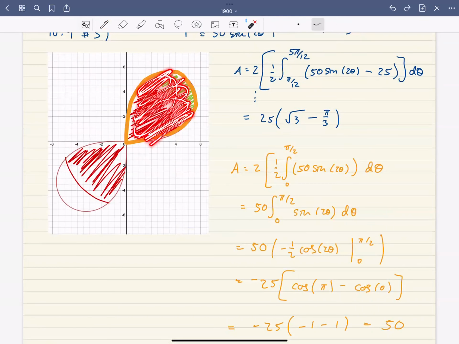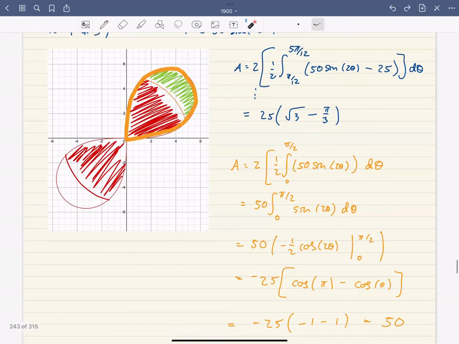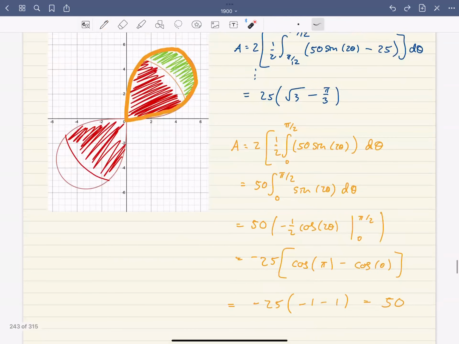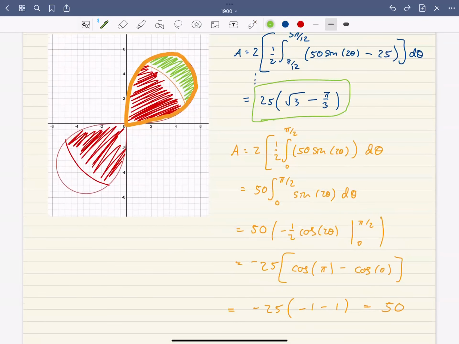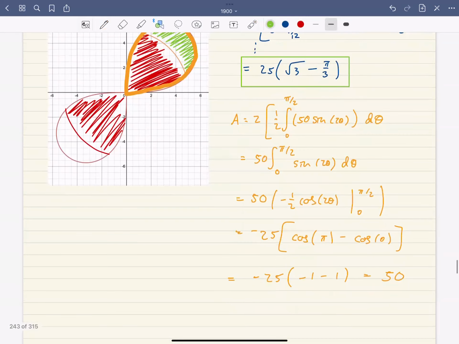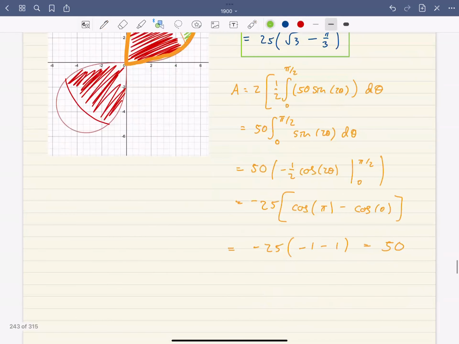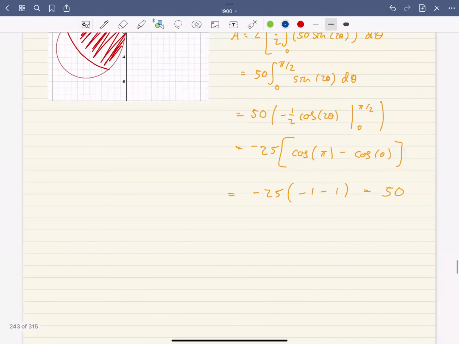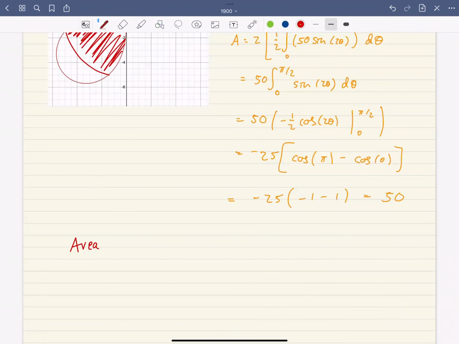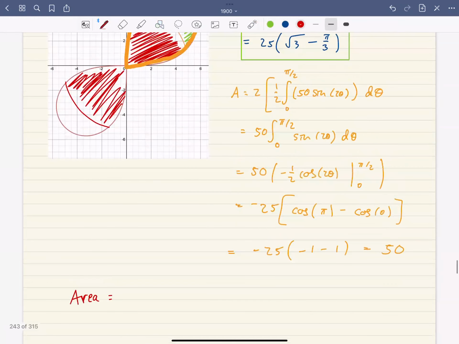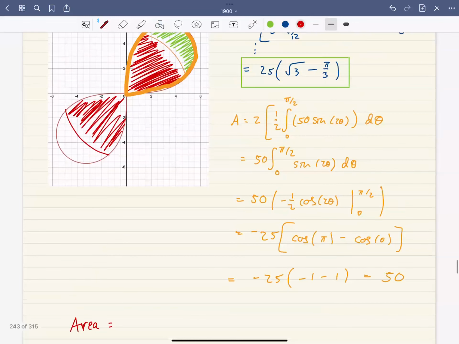And then if we subtract the green area, which is what we found here, that'll give us the red area. So the red area, the area that we're looking for, is going to be the orange area, which was 50, minus the green area, which was 25 times square root of 3 minus pi over 3.